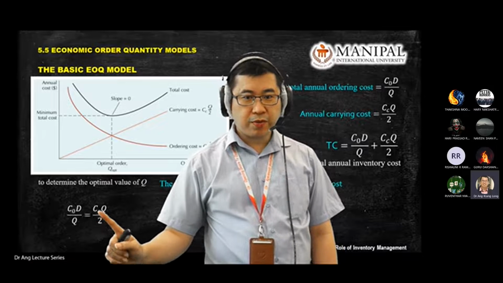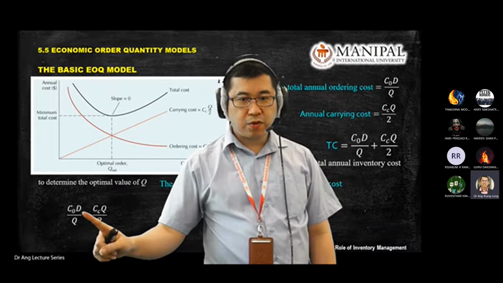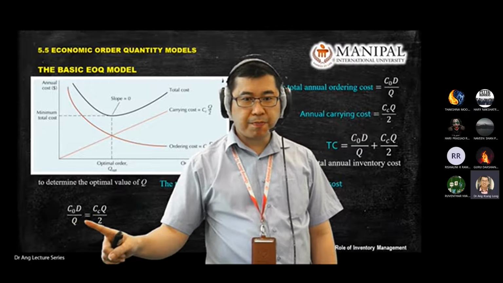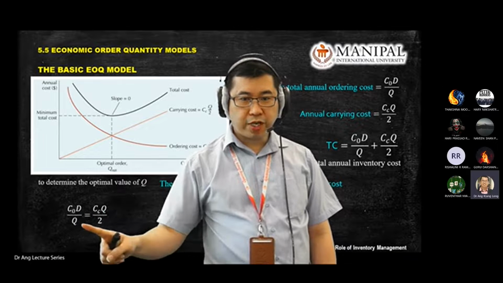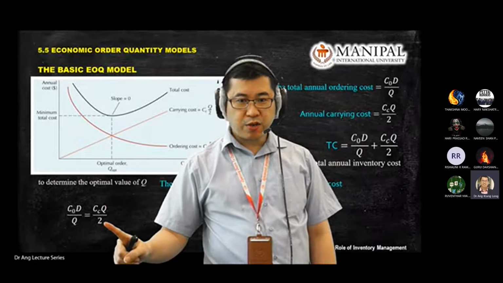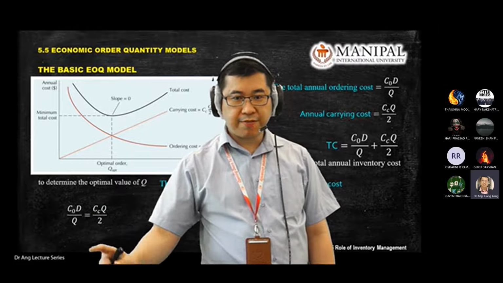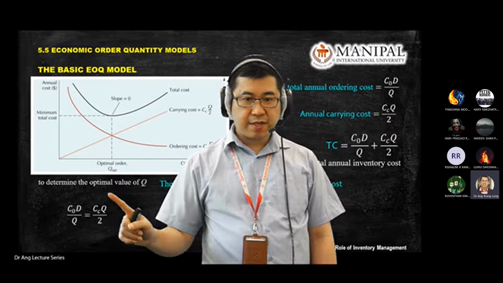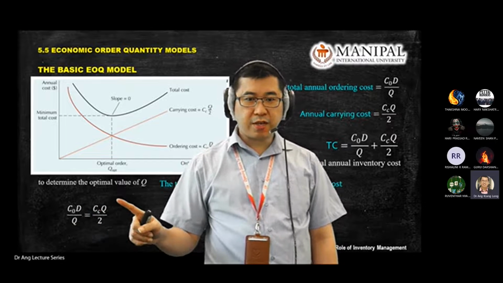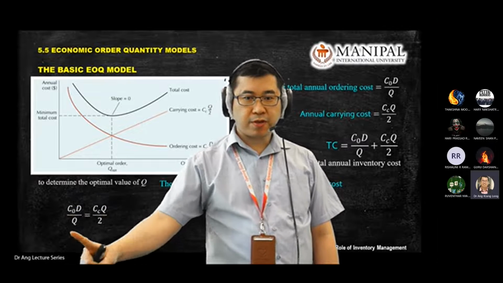So put your Q on one side, either left hand side or right hand side. So if you move your Q from left to right, it becomes multiply. So if you move your Q to the right hand side, you get Q square. Then you move your 2 and your C sub C to the left hand side. Then you eliminate your Q square. Your square, when you move it to the left, becomes square root.